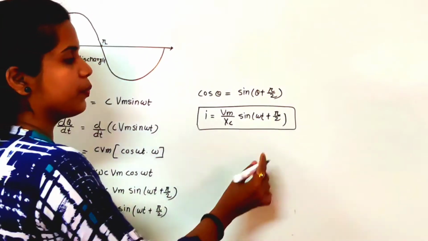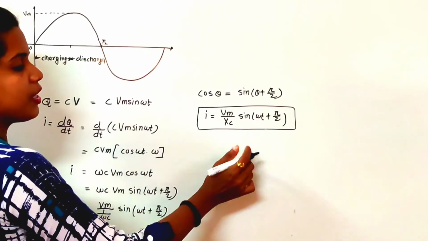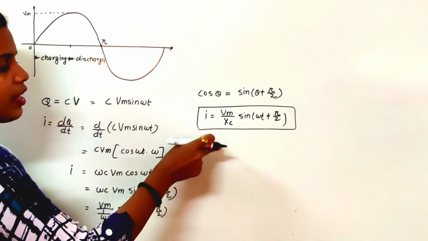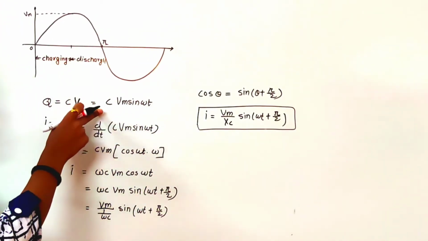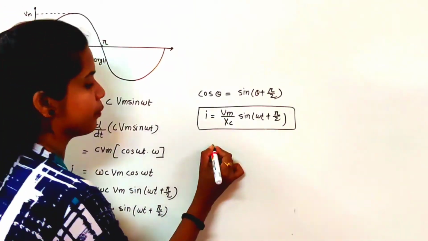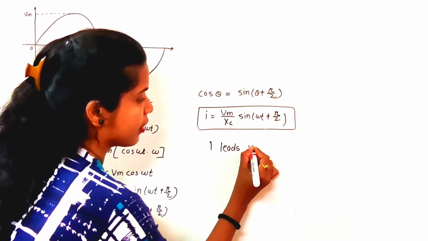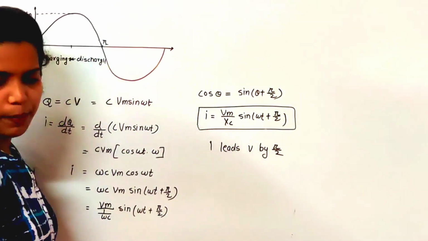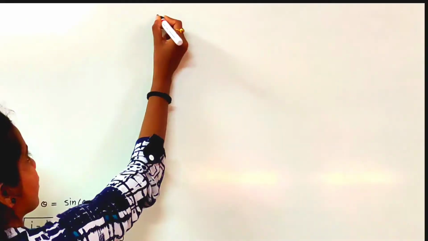So the plus pi by 2 means a phase difference, and plus means leading. The concluded point is that in a purely capacitive circuit, current leads voltage by an angle of pi by 2. So I leads V by pi by 2. Let's analyze its waveform.